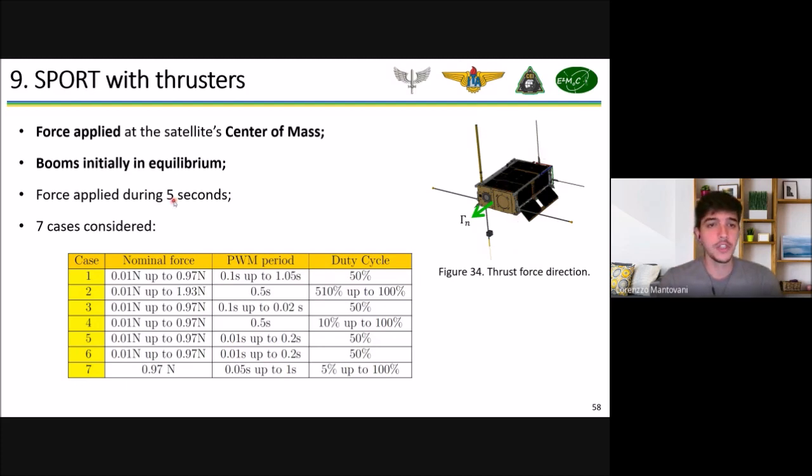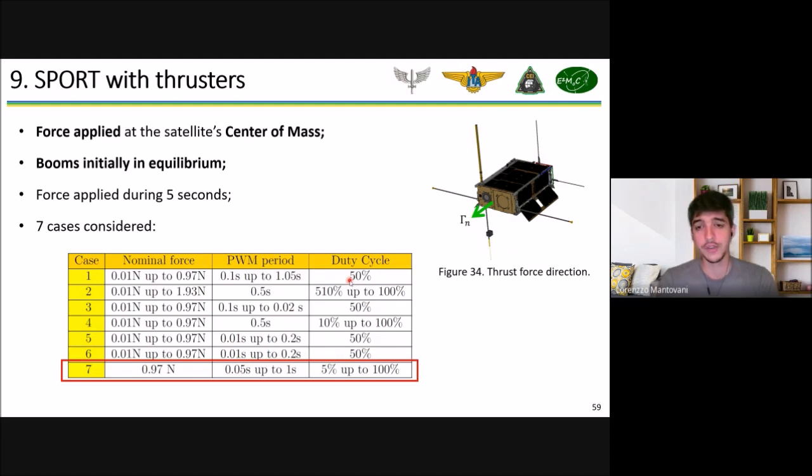We apply the force just during 5 seconds, but we consider several cases. We try to vary distinct parameters, nominal force, PWM, duty cycle in different intervals, trying to analyze specific things, but I believe that the most significant case is the seventh case here, where we vary the PWM period and the duty cycle.